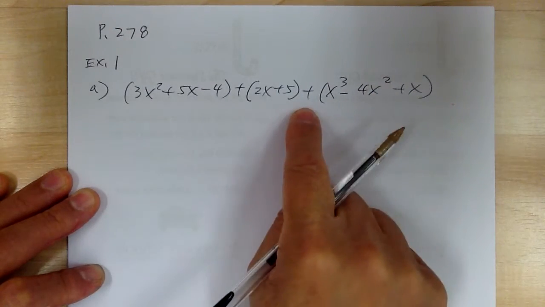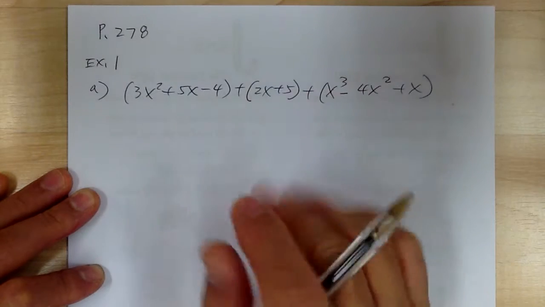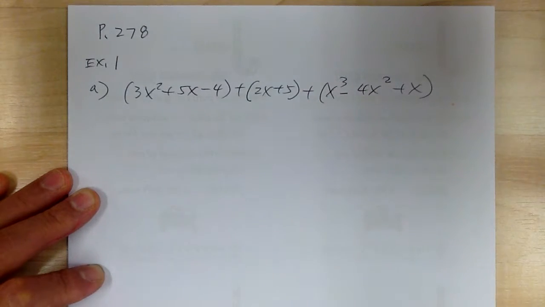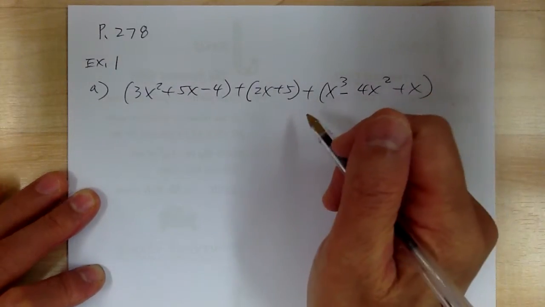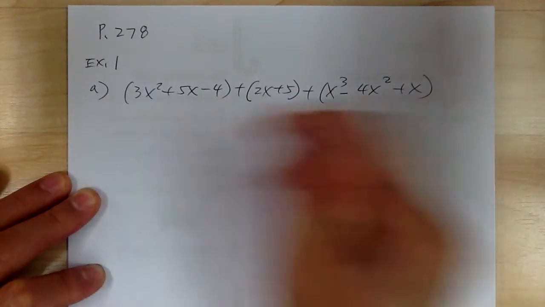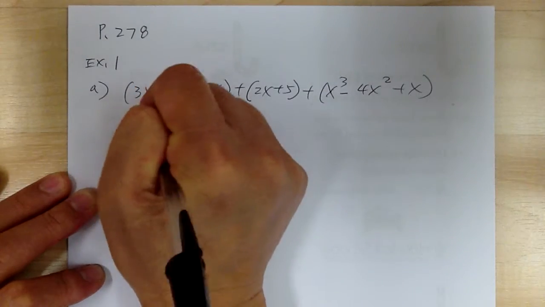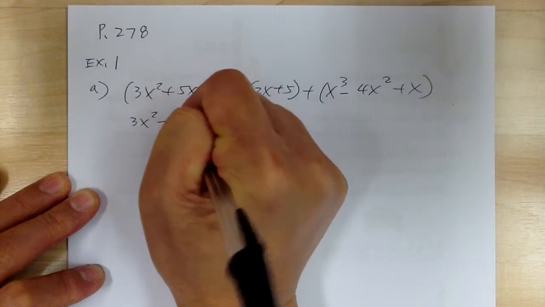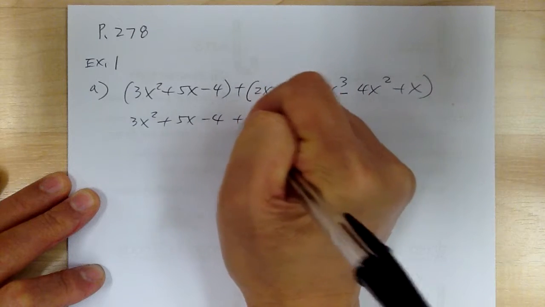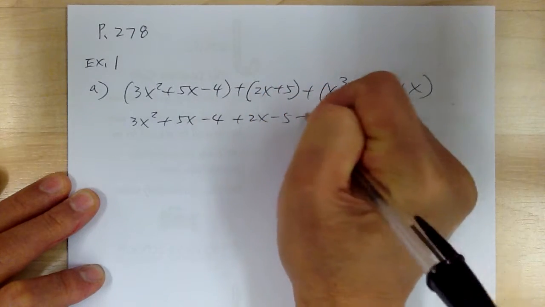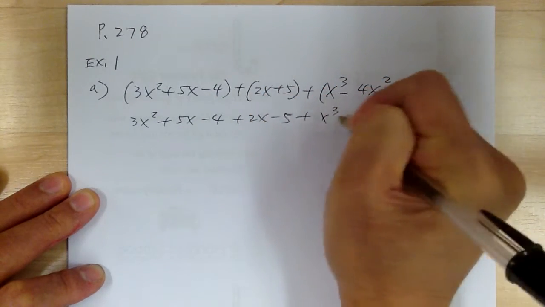If everything is all addition, you can just go straight to it. But if it's a subtraction, you have to do an additional step of changing signs. Let's get rid of the parentheses first. Since everything is all addition, you can just drop the parentheses. If there's a subtraction, then you need to change signs, so just be aware of that.